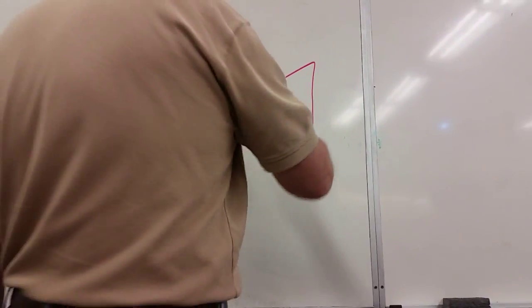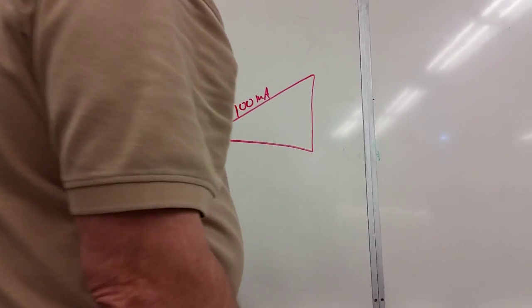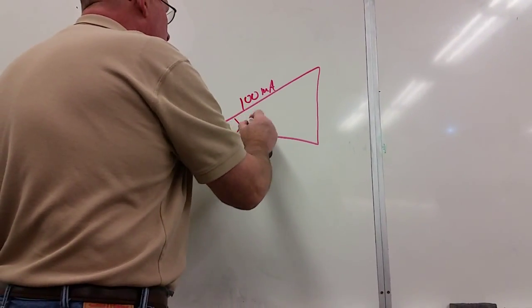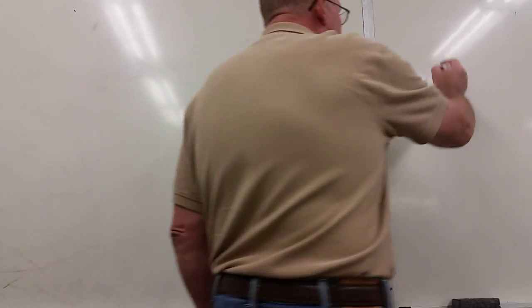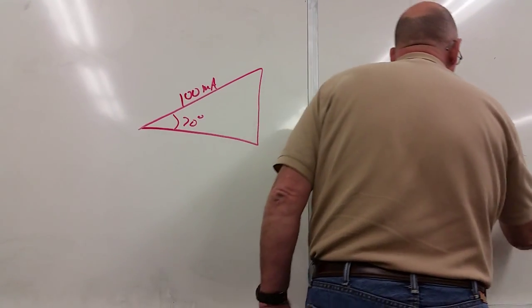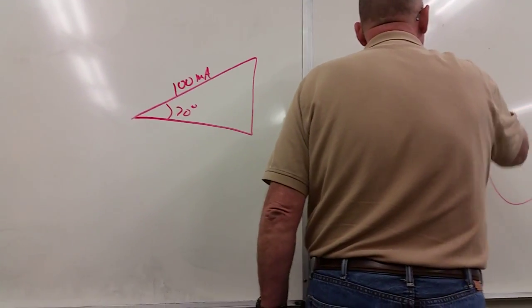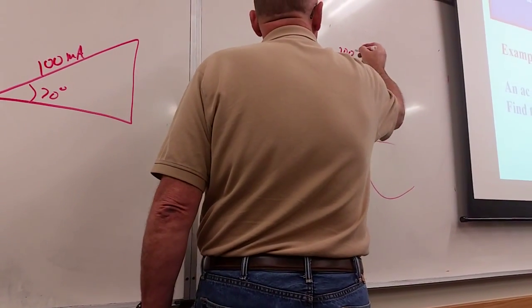Okay, so it's got 100 milliamps, and it has an angle of 70 degrees. Now, if we wanted to graph this, we could say this at 90 degrees right here is what? 100 milliamps.